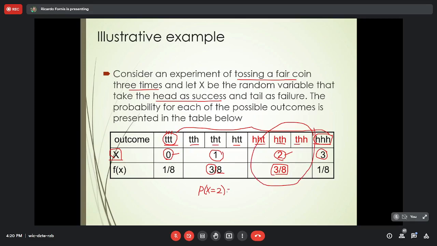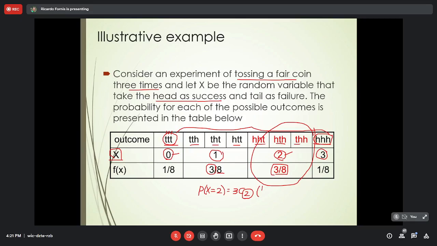It is calculated as 3, no? The number of trials, in this case, there are 3 trials because you toss the coin 3 times. So you would say 3 combine 2 because you are interested of 2 successes.